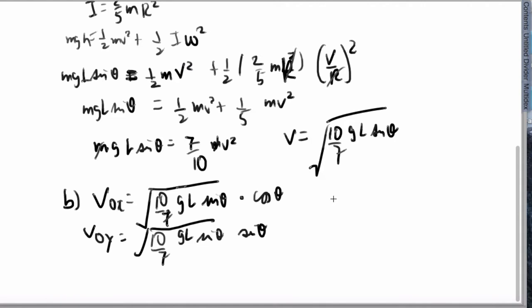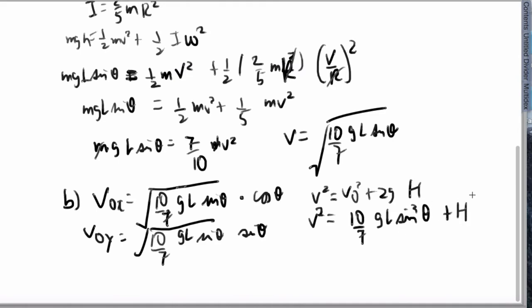So let's get the time it takes to hit the ground. Here, I would say v squared equals v naught squared plus 2g, and we have this height h here. And let's get the v at the bottom. So v squared equals 10/7 gl sine cubed theta plus h times 2g, because that's the v naught squared.